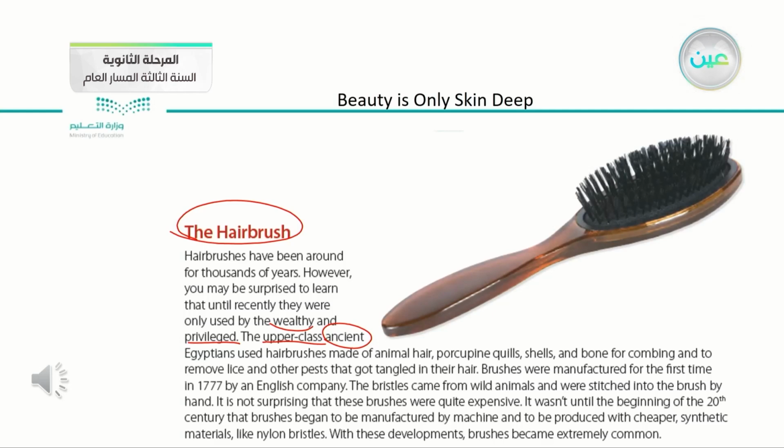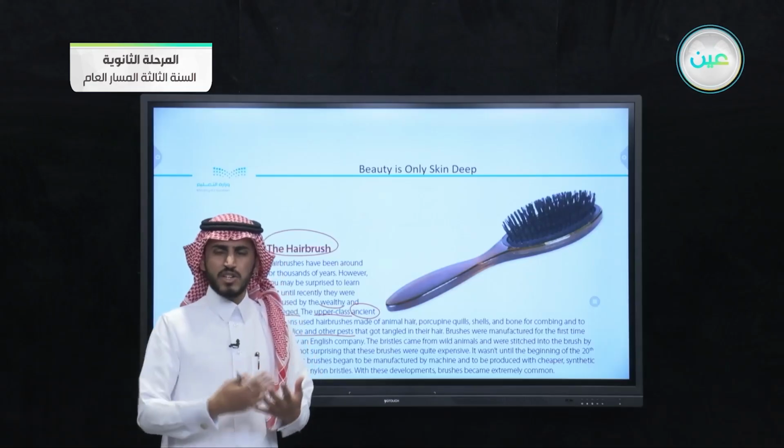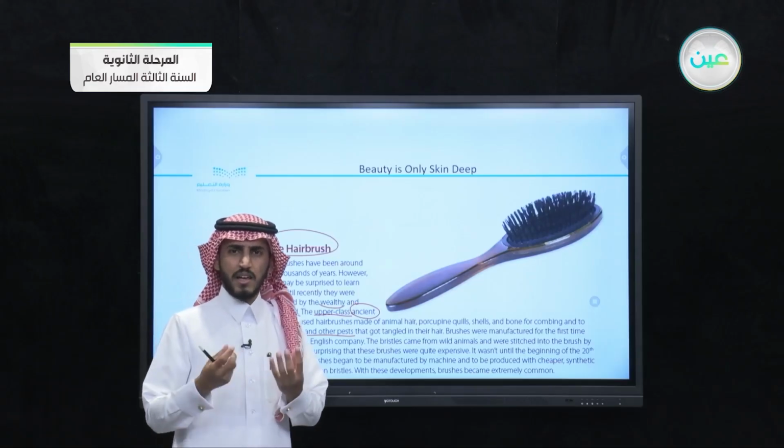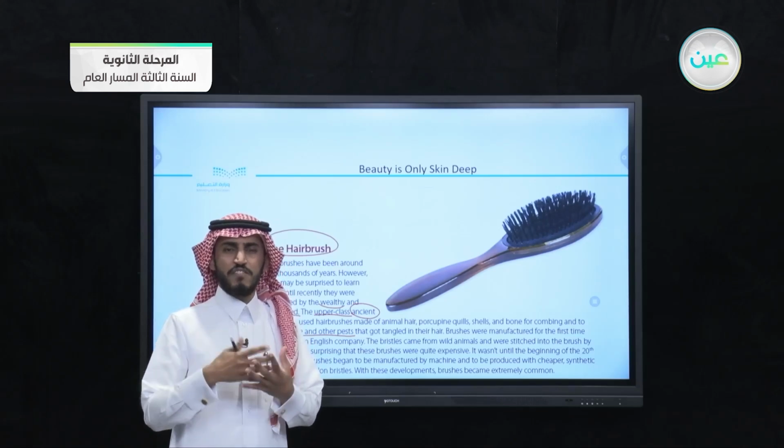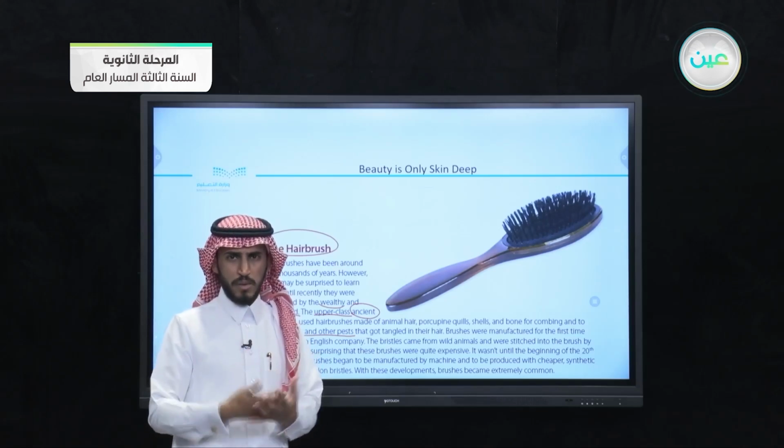The upper class ancient Egyptians used hairbrushes made of animal hairs, porcupine quills, shells and bones for combing and to remove lice and other pests. Lice and other pests refers to parasitic insects that live in the hair of people.